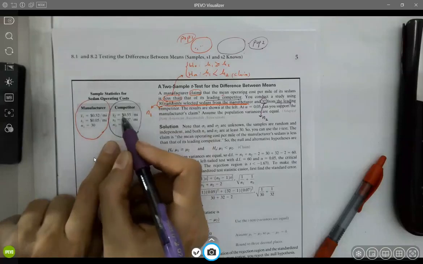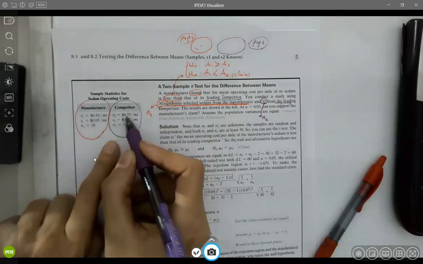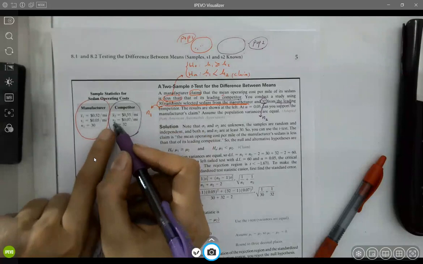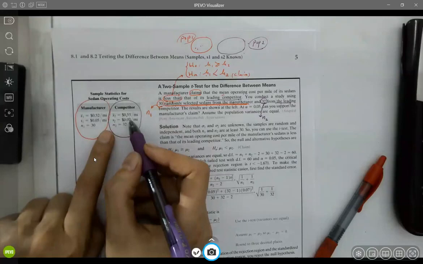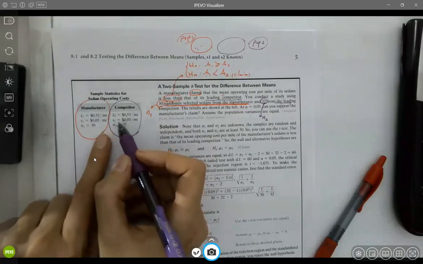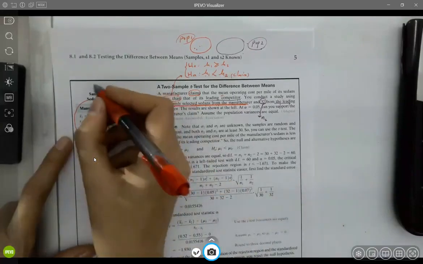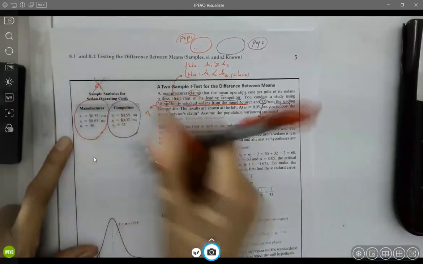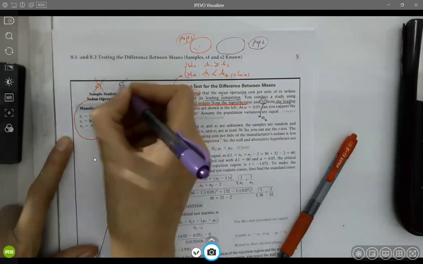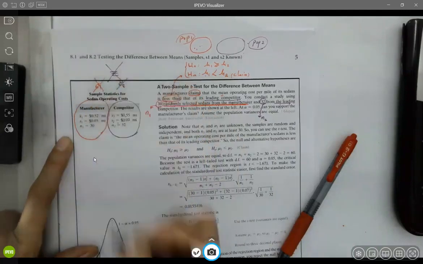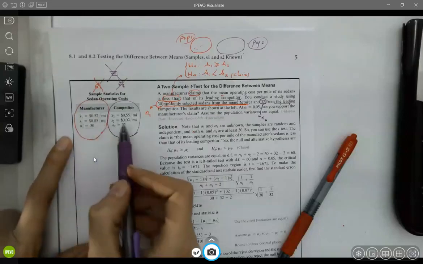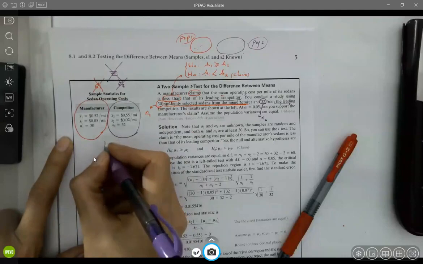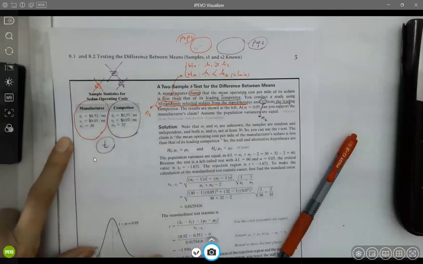The mean of the second sample is 55 cents. And the standard deviation of the second sample is 7 cents. We don't have sigma. Guys, be careful. We don't have sigma 1, we don't have sigma 2. It's not Z. We have the sample standard deviation, so it is T.